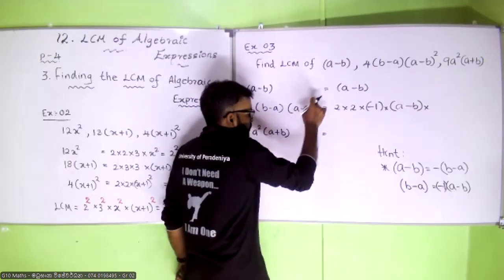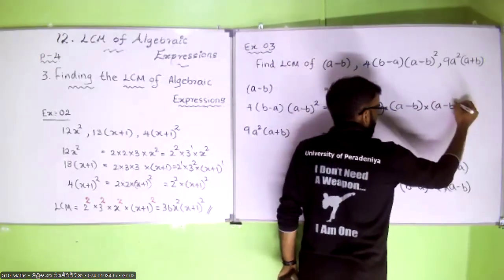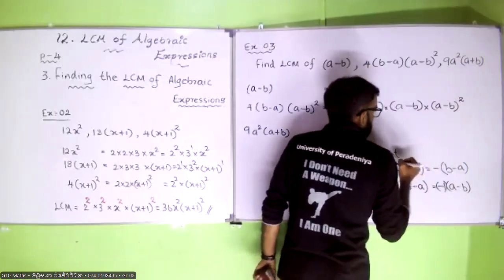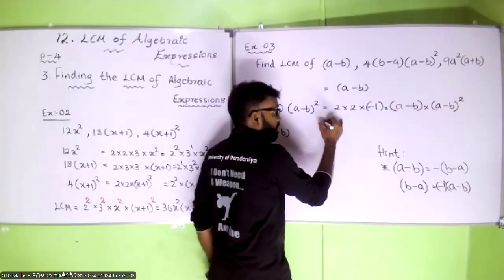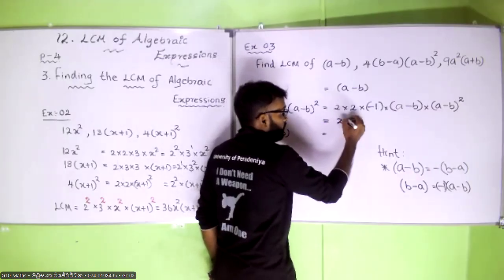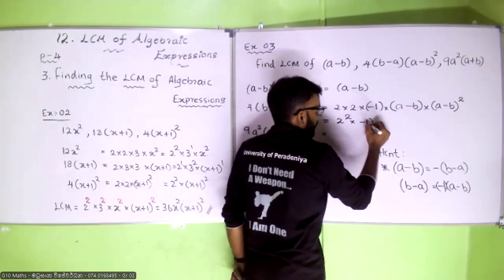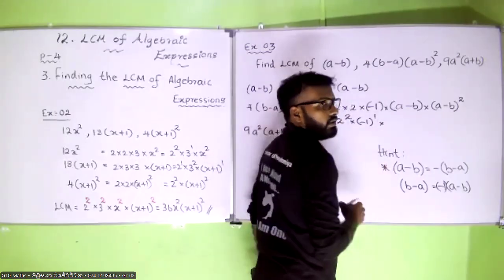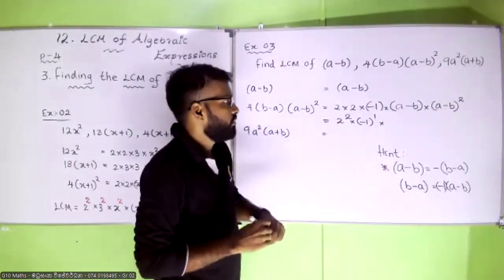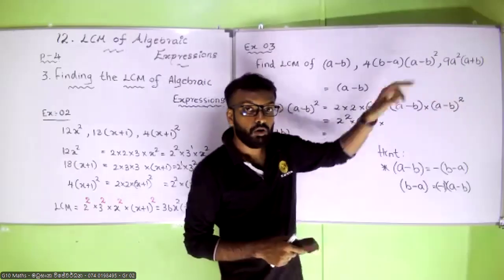A minus B to the power 2. So now you can write this one: 2 to the power 2, multiply negative 1 to the power 1, multiply A minus B into A minus B to the power 2.